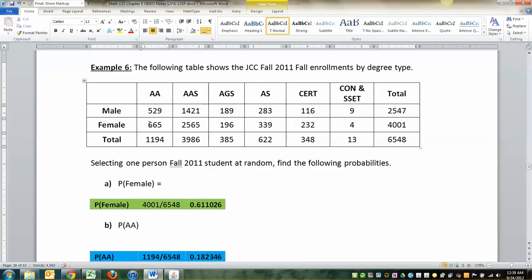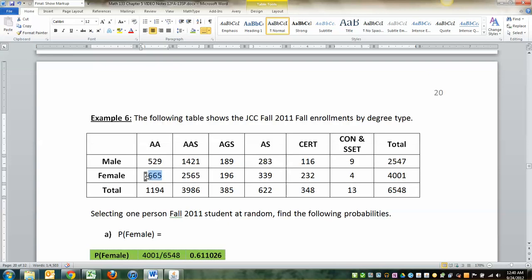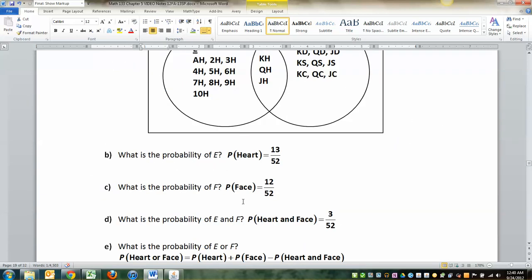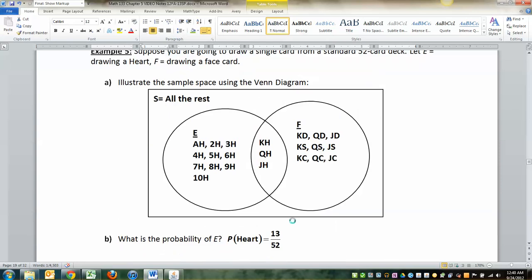So the chances of being AA and female was right here where the column AA and the female overlapped. So that was a way to find an and probability without actually needing this rule that we're learning now in 5.3. You also did it right here with the heart and the face. By drawing out the diagram, you're able to see, oh, there's the hearts and the faces right there.